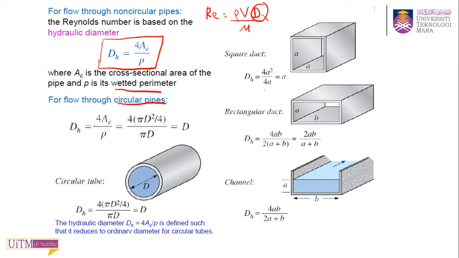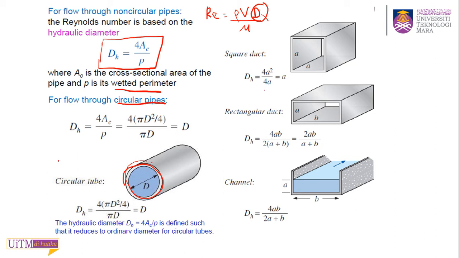If we look at the equation, 4 times the area is pi r squared or pi d squared over 4, over the wetted perimeter, and we know the perimeter of this circular pipe is pi times diameter.